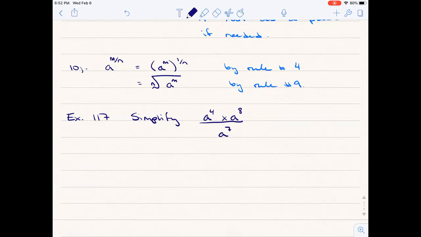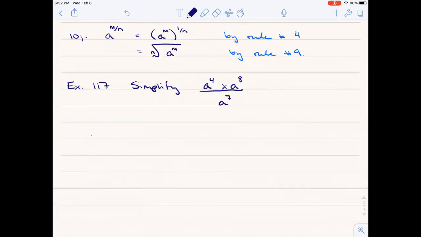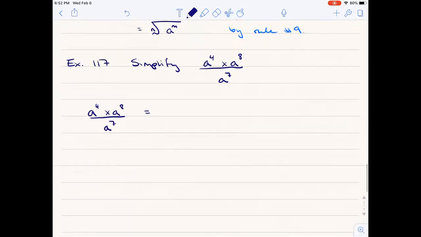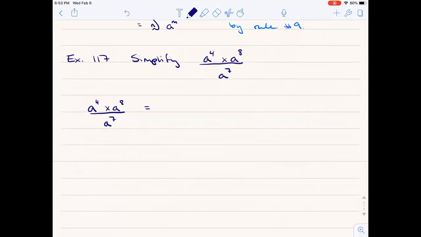We have one base, which is a, which means that we'll be able to condense this to just one a to the power of one number, right? And then it's simplified. So I'll start by writing it out here. A to the power of 4 times a to the power of 8 over a to the power of 7. And I'll just do my work over here.